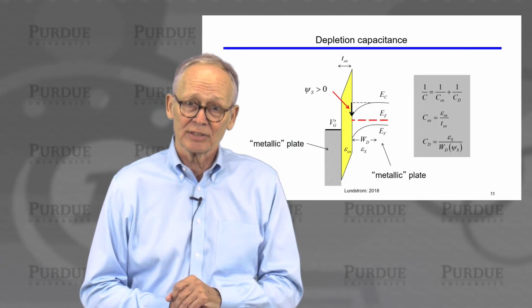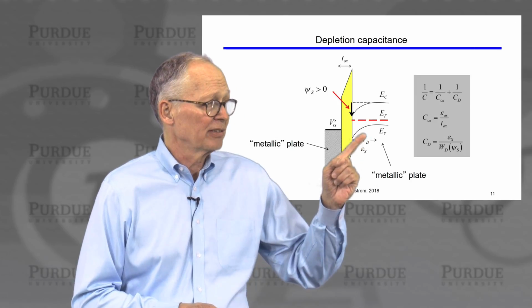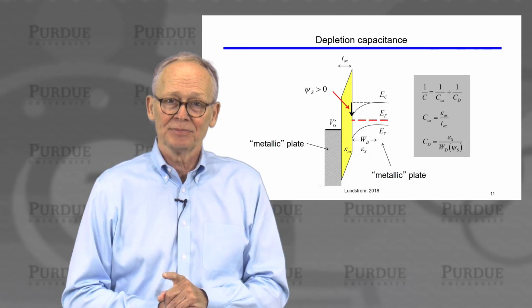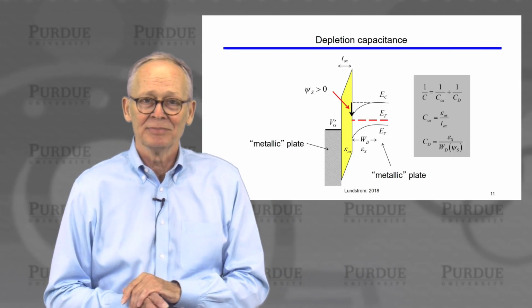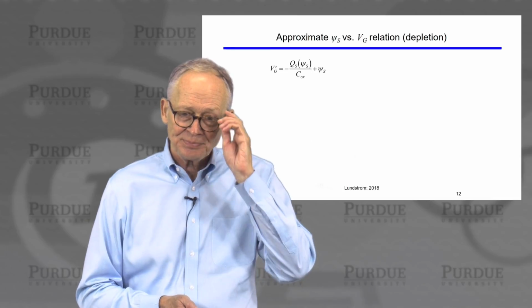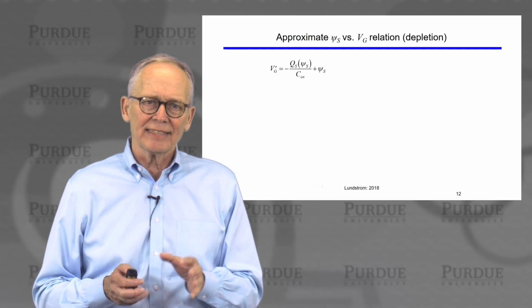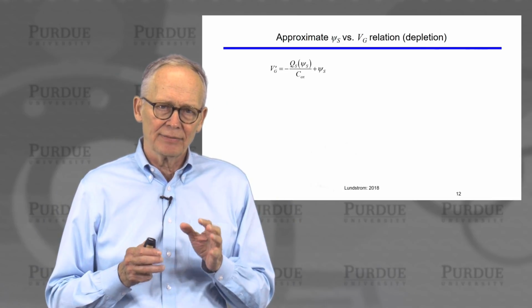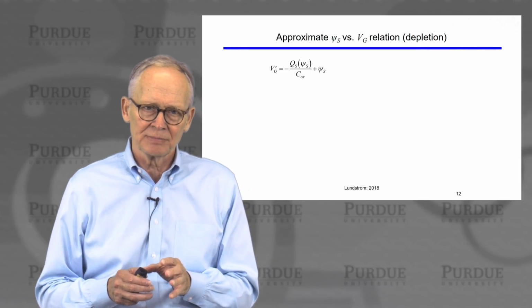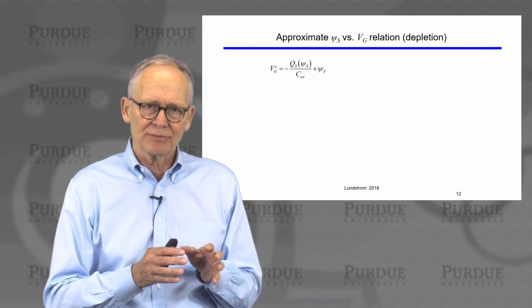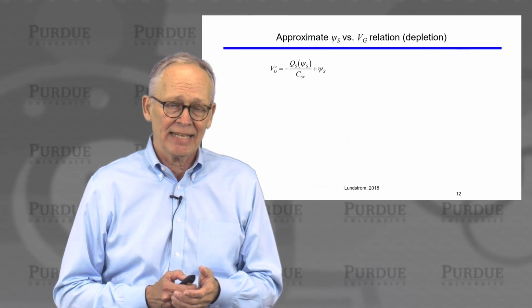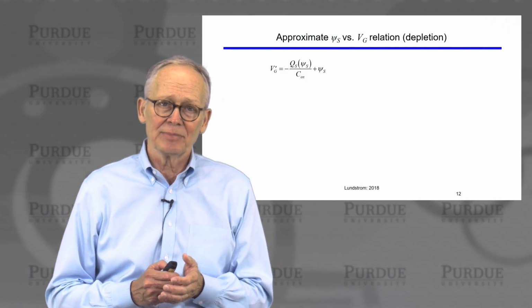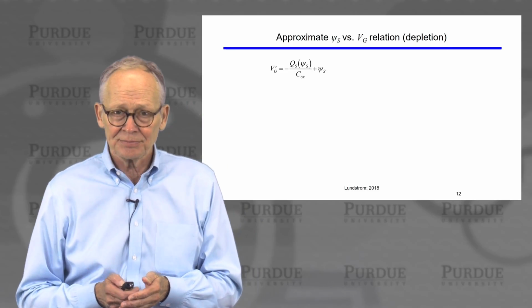Now the difference, of course, is that the depletion layer thickness depends on the band bending. It depends on the surface potential. That's what makes this problem a little more interesting. All right, well, let's use these ideas to see if we can develop an approximate solution to the relation between the gate voltage and the surface potential. This is the exact solution, and it'll give us the right answer, but it can be tedious to solve at times.